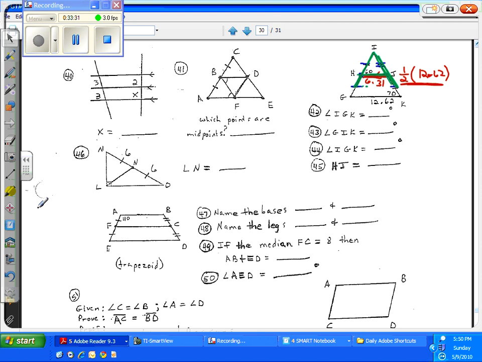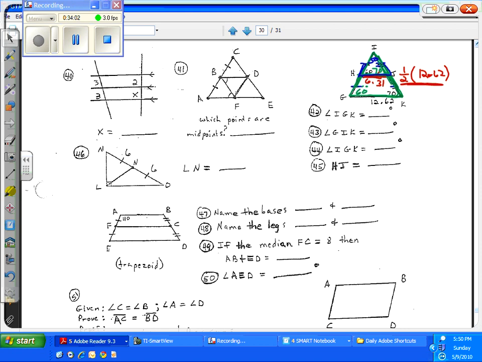That one was 70. So if this angle up here is 60, then this one is 60. And if this one down here is 70, this one is 70 because corresponding angles are equal. The sum of the angles of a triangle is 180. So if you add the 60 and 70, you get 130, and 180 minus 130 leaves 50 for the last angle there.